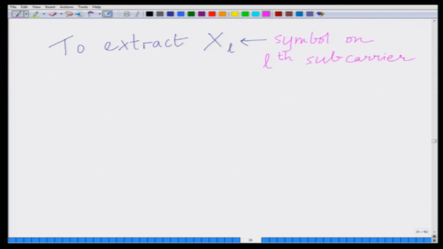we have f naught integral 0 to 1 over f naught e to the power of minus j 2 pi L f naught t times y of t.